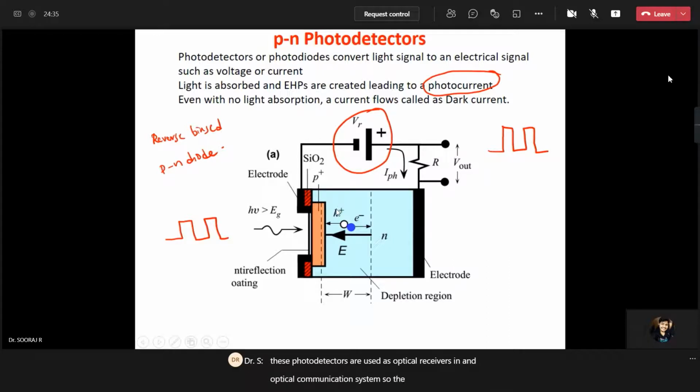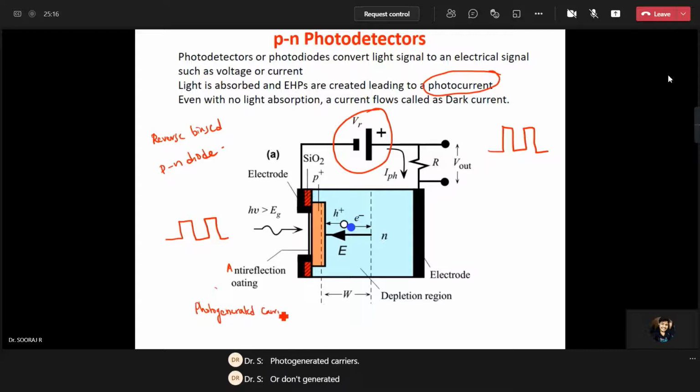The basic principle of a photodetector is that when you have an incoming photon whose energy is h nu, and if this energy is greater than the band gap of the semiconductor material, this photon would be absorbed by the semiconductor material inside the depletion region, and as a result, this would generate electrons and holes. These electrons and holes generated because of light absorption are called photo-generated carriers.